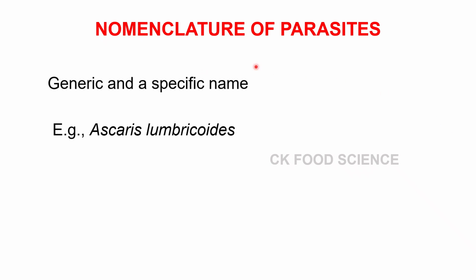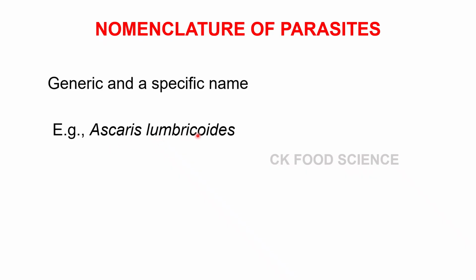Next one, nomenclature of parasites. It has both a generic name and a specific name. Each parasite possesses two names, a generic and a specific name. The generic name always begins with an initial capital letter. The species name always begins with an initial small letter.